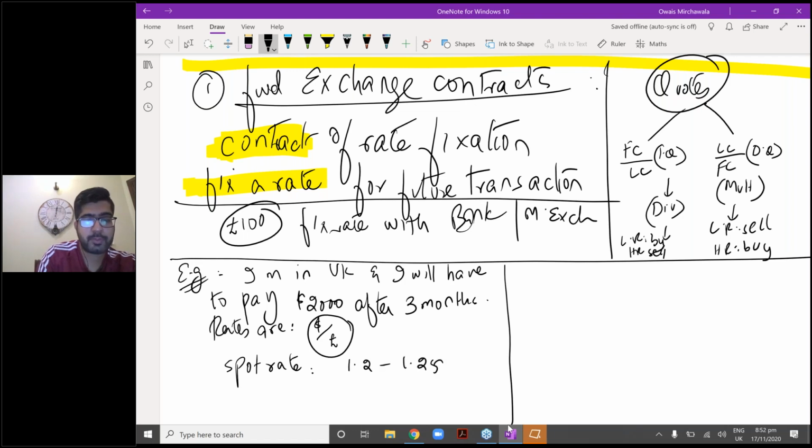Spot rate, today's rate, 1.2-1.25. 2-month forward rate 1.21-1.26.